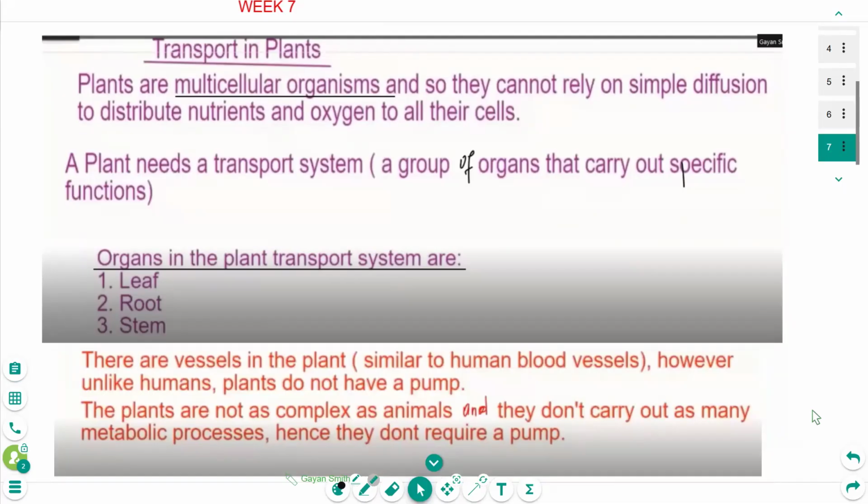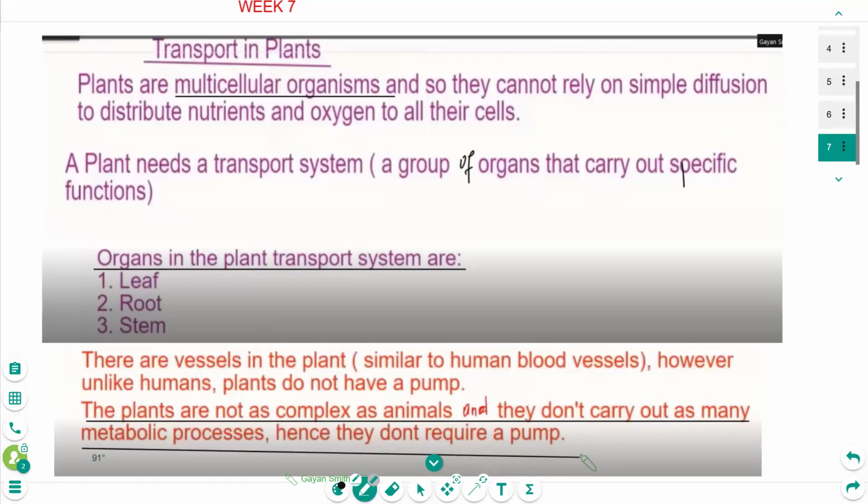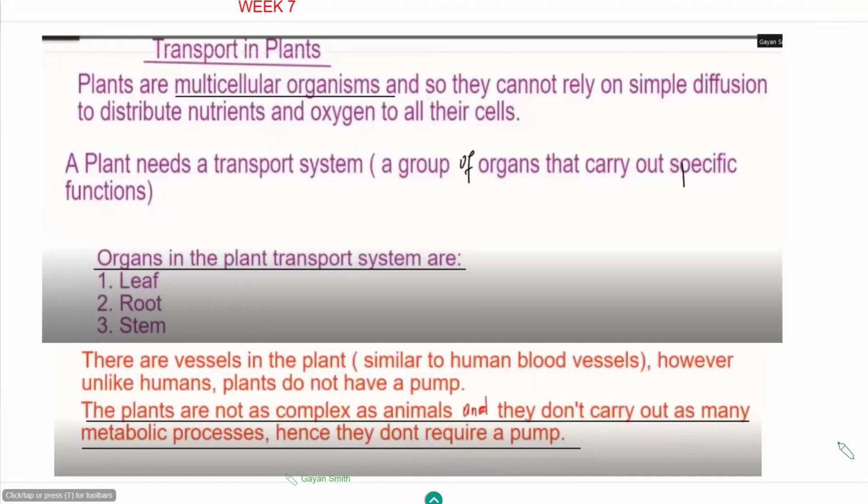The reason they don't need a pump is that plants are not as complex as animals and they don't carry out as many metabolic processes. Like we needed the heart to push the blood so we could get nutrients to our cells very quickly. But plants can get their nutrients at a slower rate because they are not as complex. They don't carry out as many processes as we do.